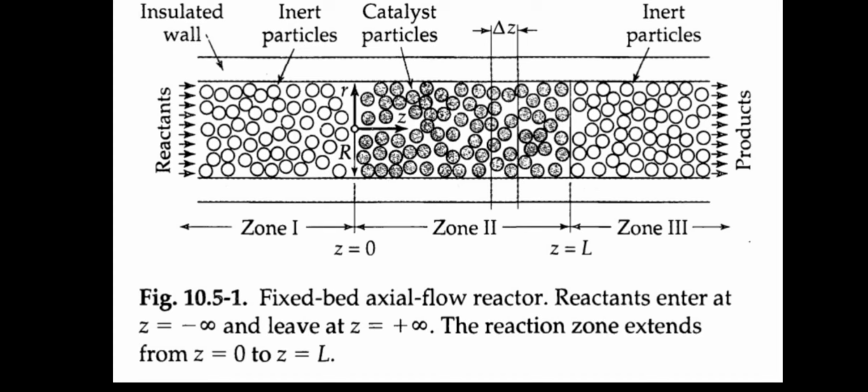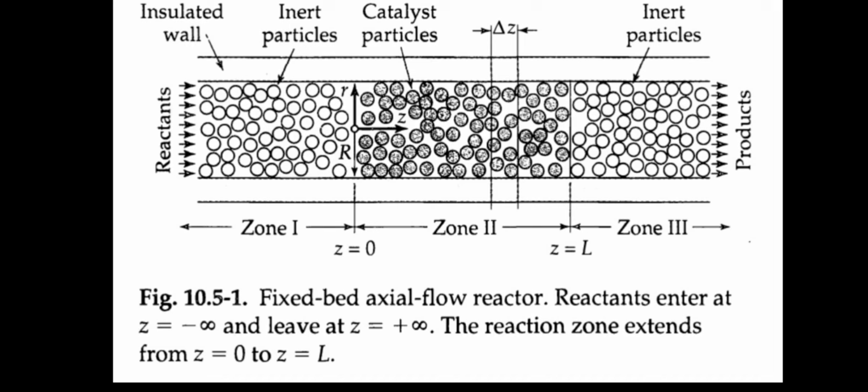Consequently, there is no internal heat generation or consumption due to the main reaction occurring within this section. However, there might still be heat exchange between the fluid and the inert packing material. The purpose of this zone might be for preheating or achieving a certain flow profile before the reaction zone.